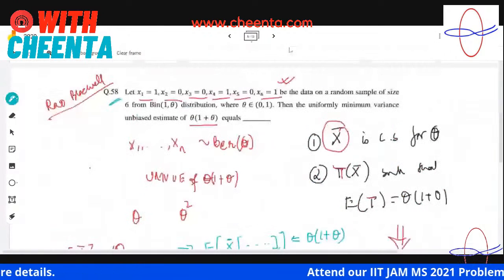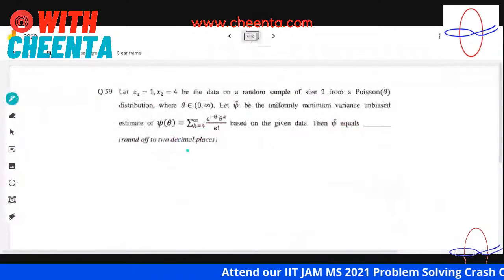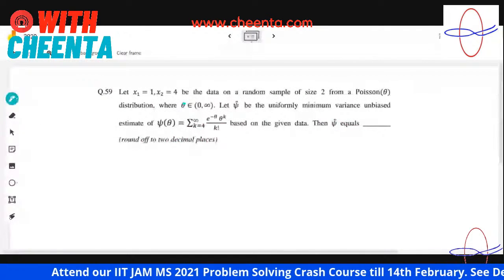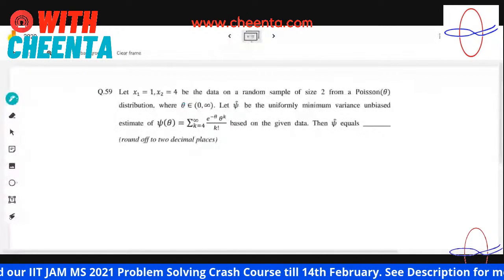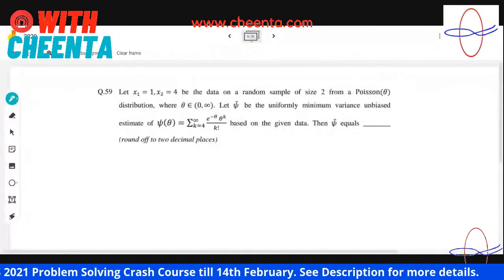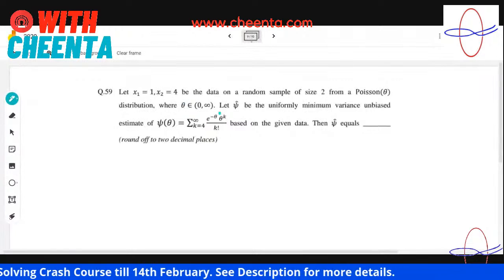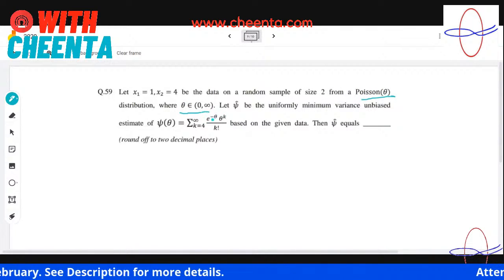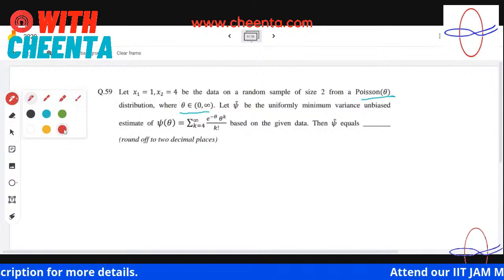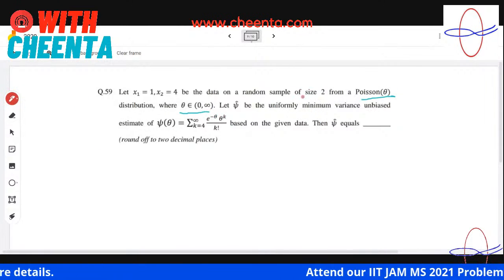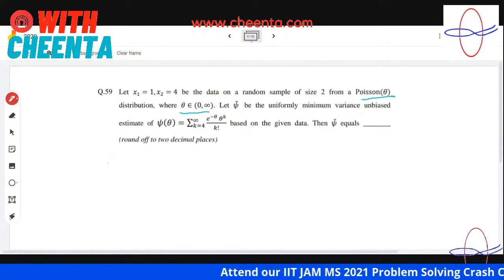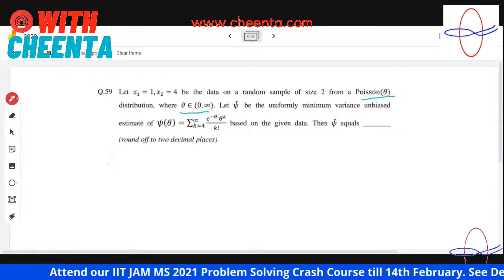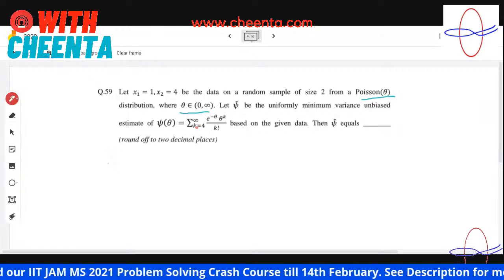Okay, problem. What's this? Let's see. X1 to Xn are random variables, the sample size is given, from Poisson theta, where theta is from 0 to infinity. So phi hat is a uniformly minimum variance unbiased estimator of psi theta, which is equal to this.